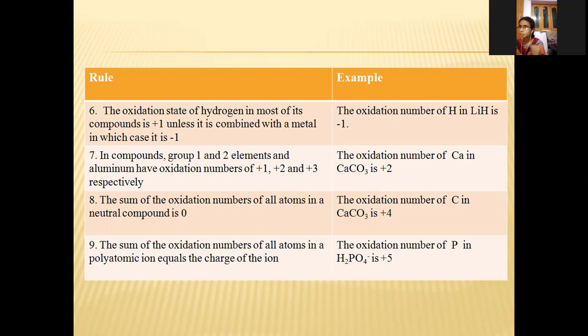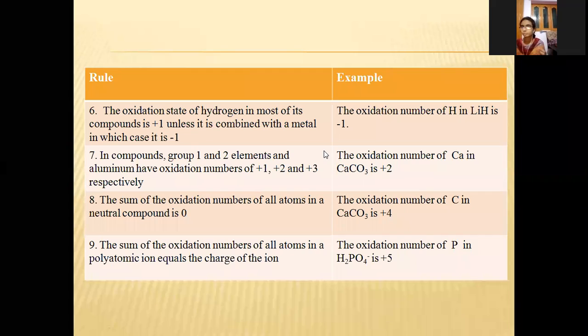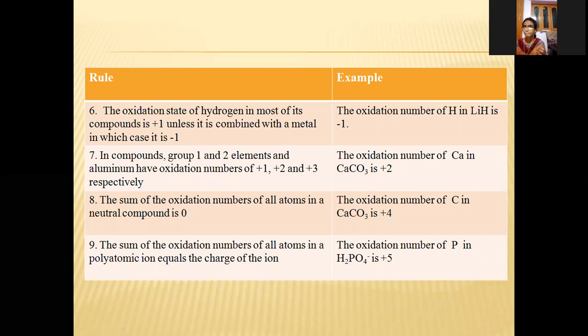So the oxidation number of carbon in calcium carbonate is plus 4. The sum of the oxidation numbers of all the atoms in a polyatomic ion equals the charge of the ion. So the oxidation number of phosphorus in phosphoric acid is plus 5.